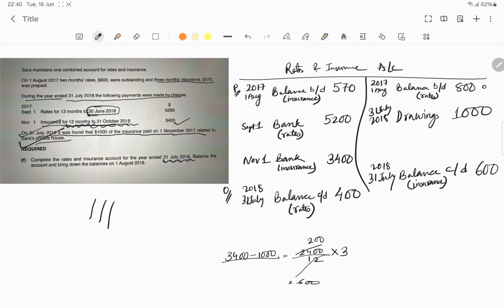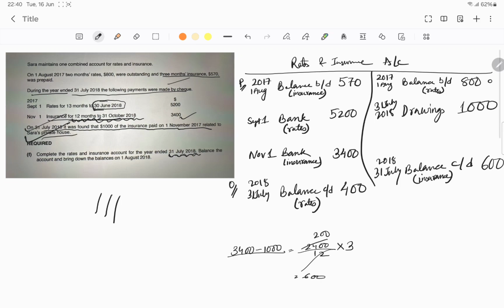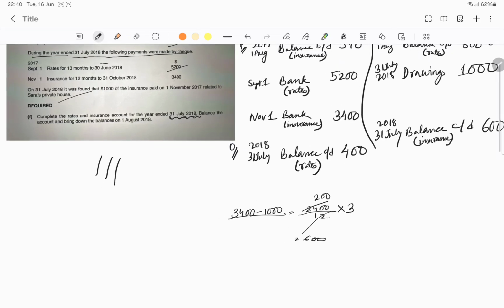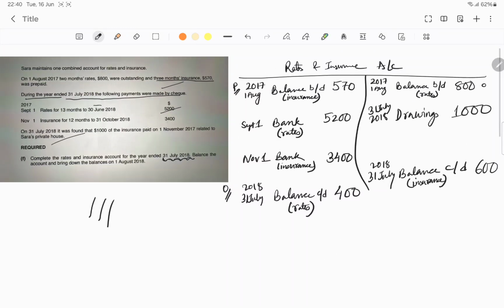Now see if there is something left. We have treated all these items: 5200, 3400, and lastly $1000 for drawings has been put. Now let's see how we balance this combined expenses account.